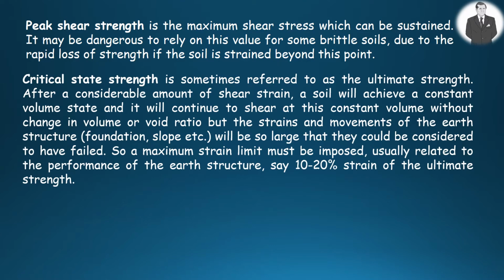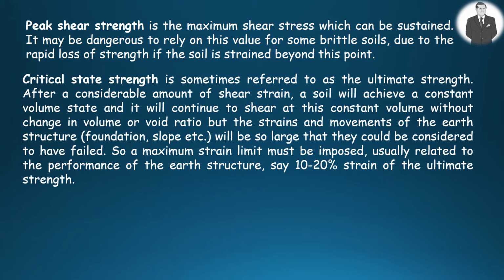Critical state strength is sometimes regarded as the ultimate strength. After a considerable amount of shear strain, a soil will attain a constant volume state, and it will continue to shear without any change in volume or void ratio, but the strains and movements of the earth structure, such as foundations, slopes, etc., will be so large that they could be considered to have failed.